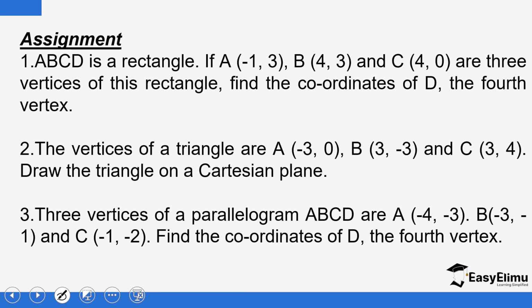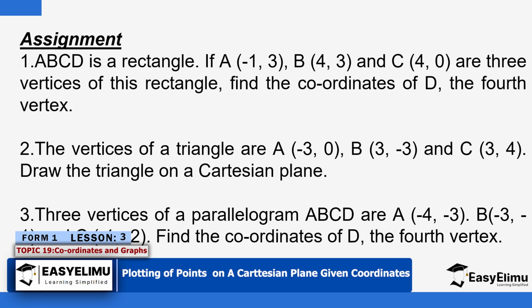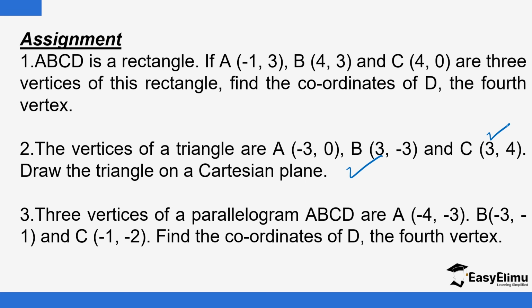Very, very important. So we have a few questions here to help you practice what we've been learning through this lesson, how to do plotting when you are given the coordinates. We have a rectangle with coordinates (-1, 3), (4, 3), (4, 0). You're supposed to find the last vertex. Then we have a triangle. You need to plot the points and join them to give you a complete figure, which is a triangle.